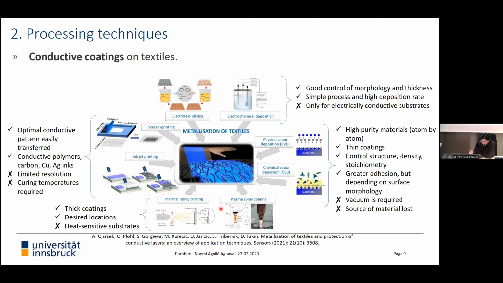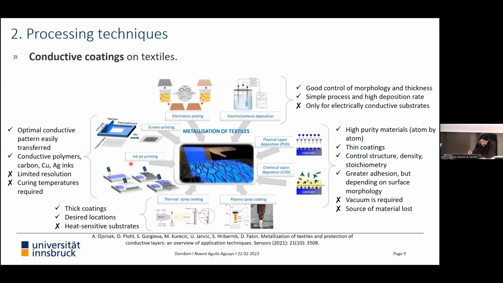And the other two, screen printing and inkjet printing, are very interesting techniques for coating. Here how it works is that you have a screen with a pattern, and then you use a conductive ink, and you spread and transfer your coating to the fabric, to your substrate, with the pattern that you wish.